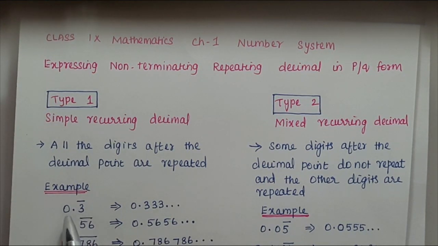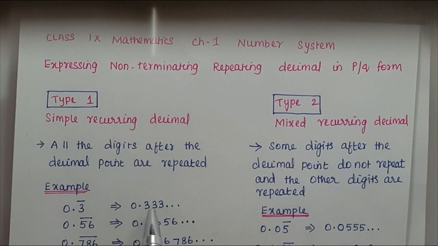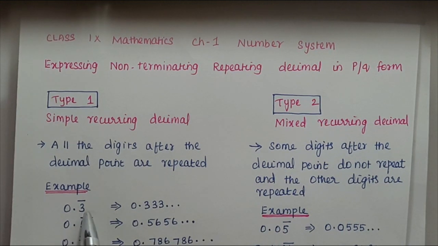Say for example, 0.3 with bar over 3, that is 0.333 and so on. So all the digits after the decimal point are repeated.